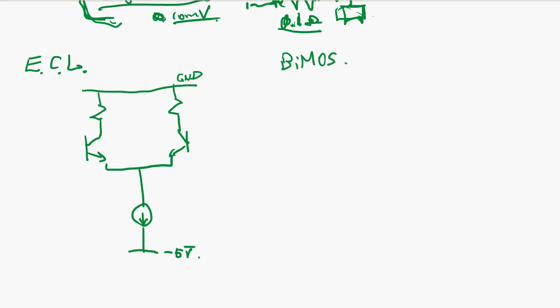And what's BiMOS? BiMOS is a single chip that has logic, like almost LSI, but this side is bipolar. And typically it's high-speed communication logic, whatever.